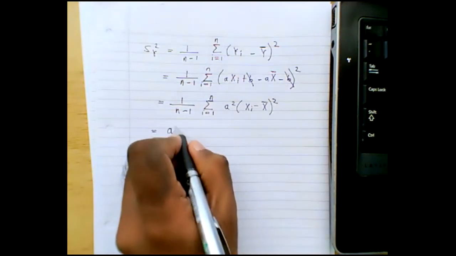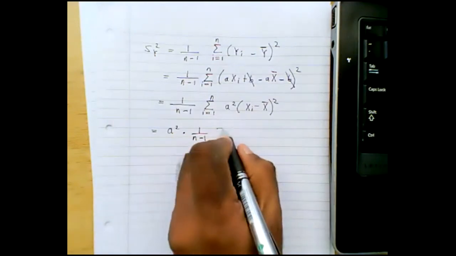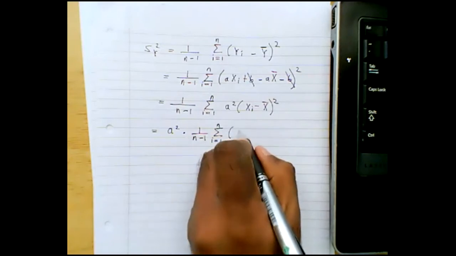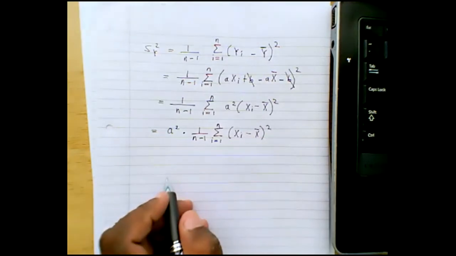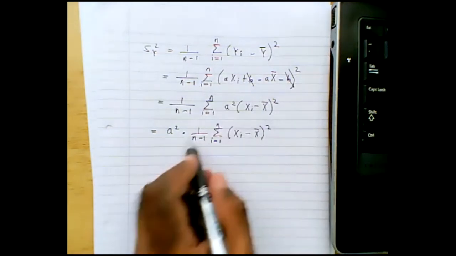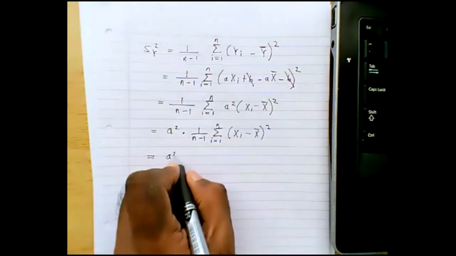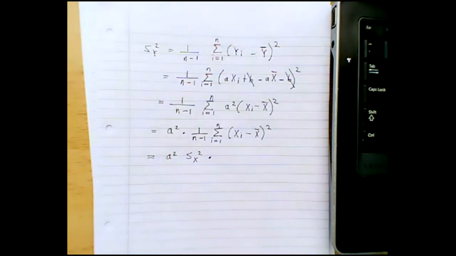So this becomes a squared times 1 over n minus 1 times the sum i from 1 to n of xi minus x bar squared. Now this here is the sample variance for the x's. So this will be a squared times the sample variance of x. All right, guys, so that completes part 2 of question number 7.